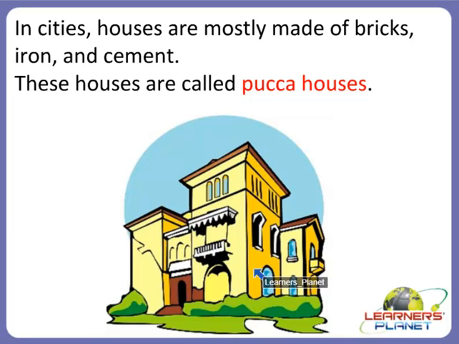So, this is the picture of a pucca house. A pucca house is always made up of bricks, iron and cement, and they are very strong houses.